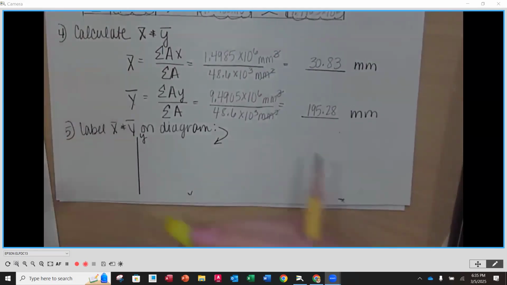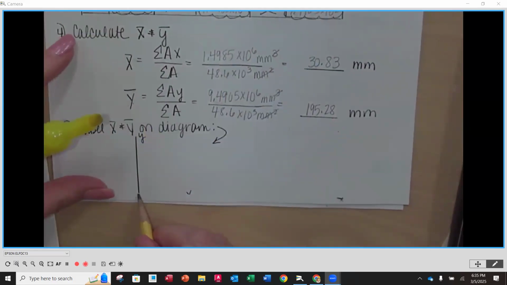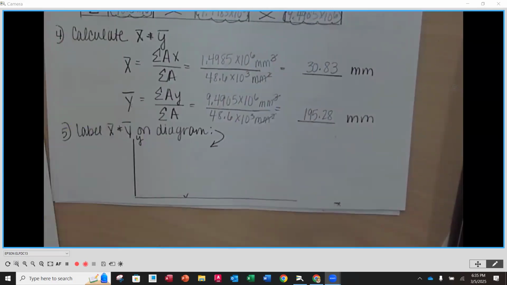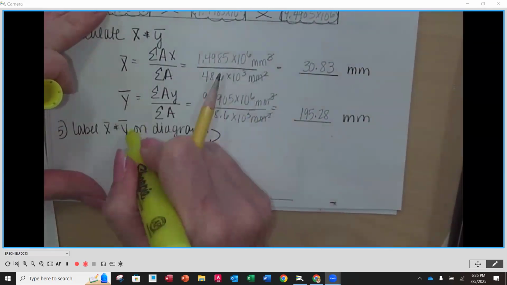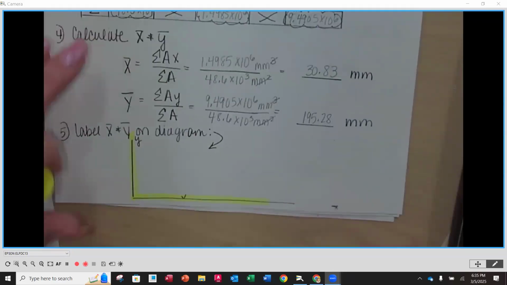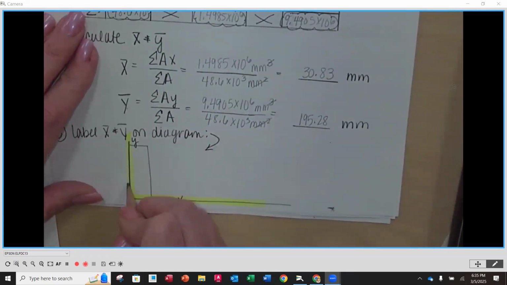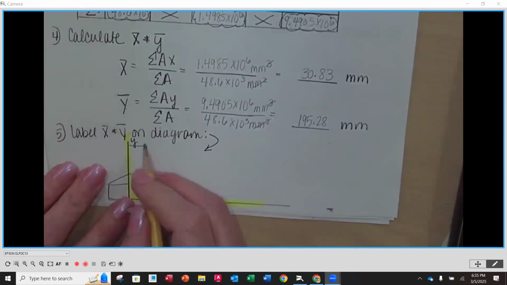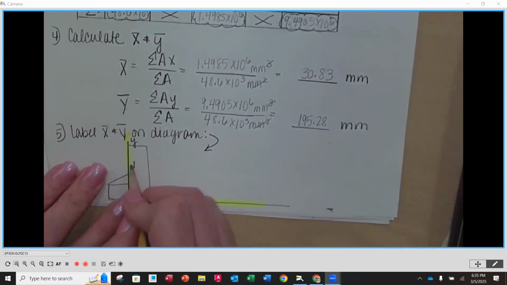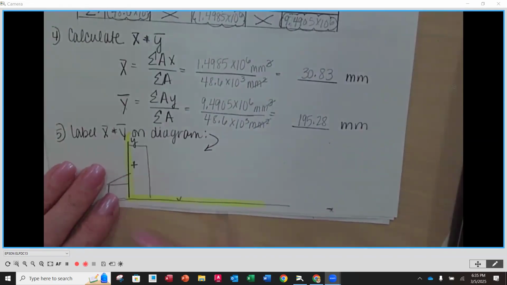I know it kind of went off the page a little bit. So if you want to just darken in that X axis, here's our reference. Now you could redraw the whole rectangle with the triangle if you wanted to, but our centroid is going to be closer to that Y axis.